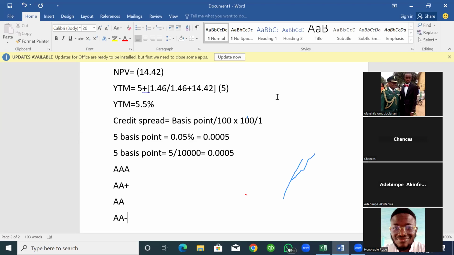So what you do to your basis point, you see the 0.005. After they tell you that there's 27 basis points, there's 40 basis points, after you've divided by 10,000, you will now go and add it up to all those yields, the yield curve.